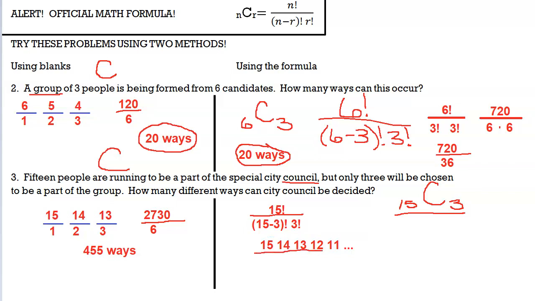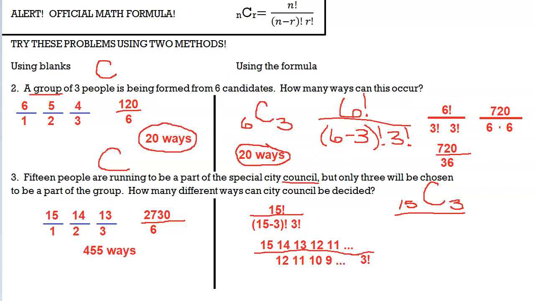Now look on bottom. 15 minus 3 is 12. So 12 factorial would be 12 times 11 times 10 times 9, and so on. And then you would have to do another 3 factorial at the end. Now, I don't know about you, but that's about the point where you just look and you're like, yep, I'm done. What the heck is going on?